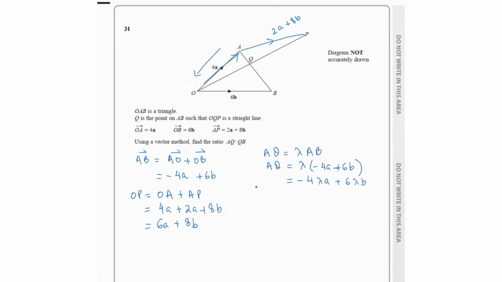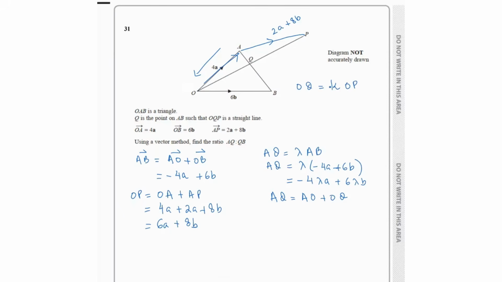Now AQ can also be AO plus OQ. We don't know what OQ is, but we know what AO is. However, we can create an equation for OQ as well using the given information. We already found OP, which was 6A plus 8B. And since OQ lies on OP, which is a straight line, we can say that OQ is some scale factor times OP.